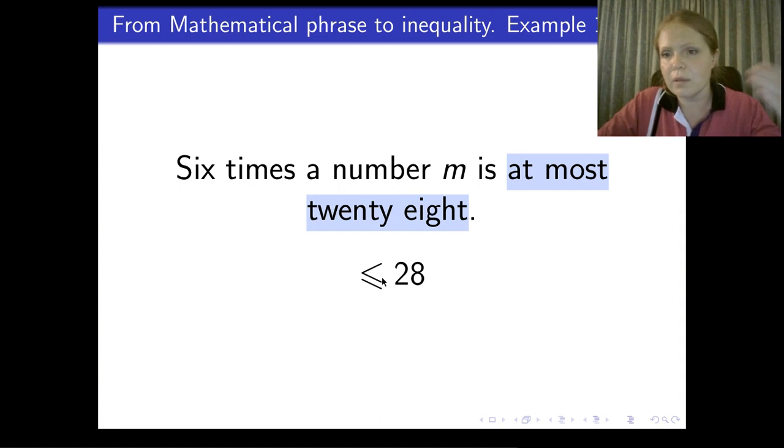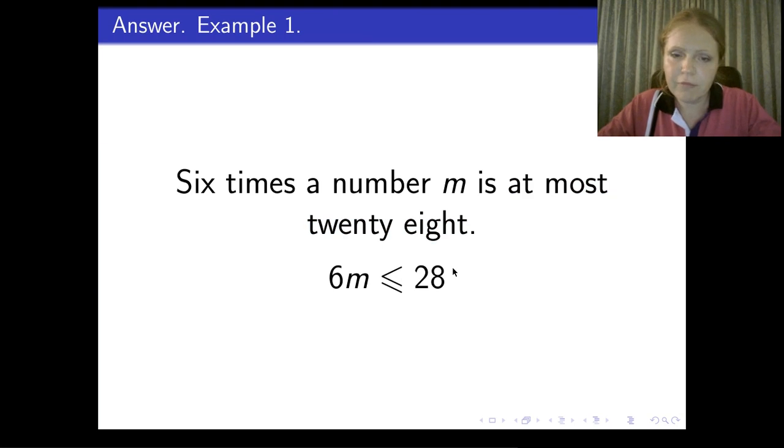Just remember the table above. 28 is the number. Finally, the answer for this mathematical phrase is 6m less than or equal to 28. For the phrase 6 times a number m is at most 28, the inequality looks like this.